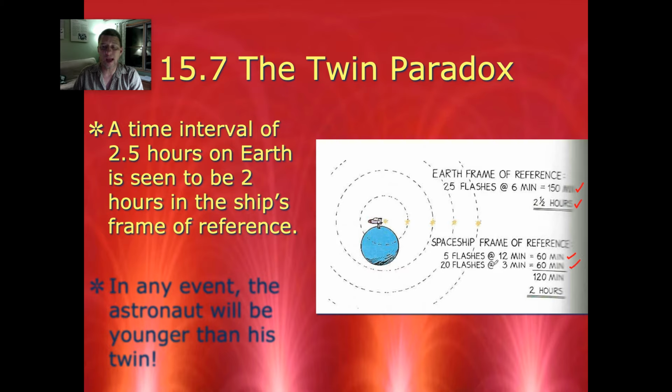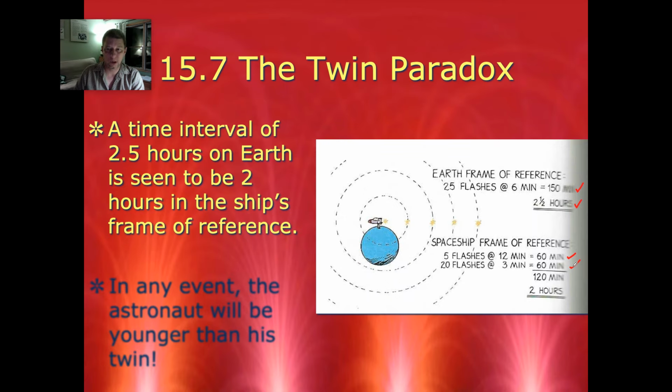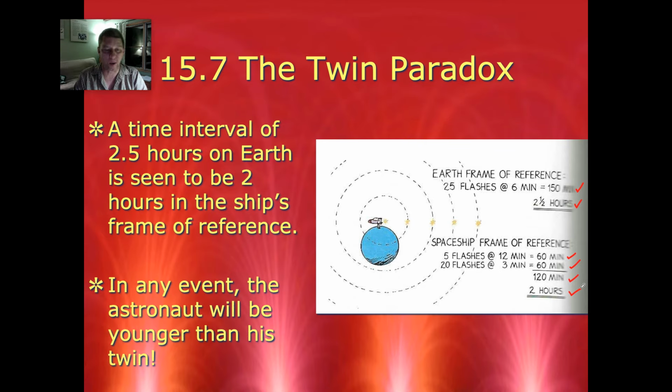And then the last 20 flashes are going to be seen at 3-minute intervals for the last hour. Again, that only adds up to 120 minutes. And so the astronaut will experience only a 2-hour period of time, whereas the twin who remained on Earth will have aged 2.5 hours.